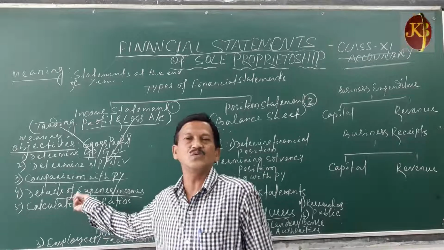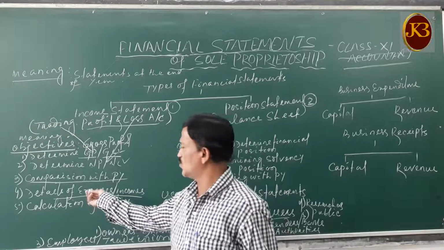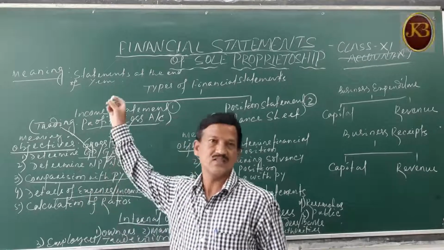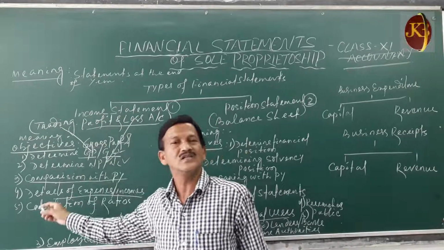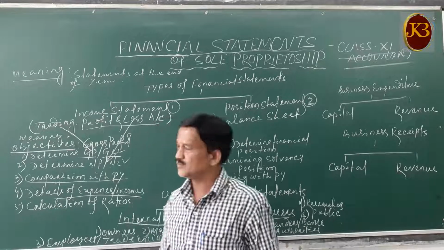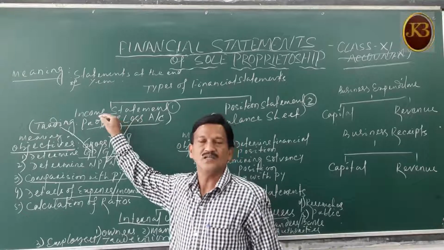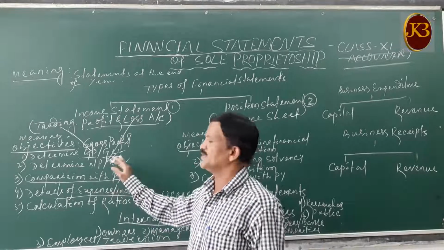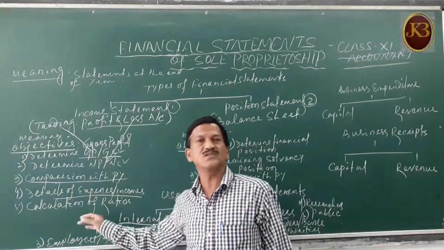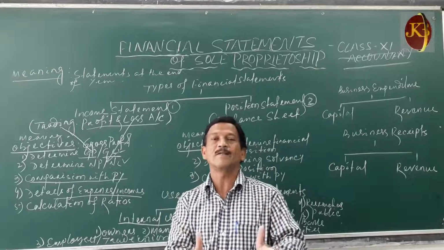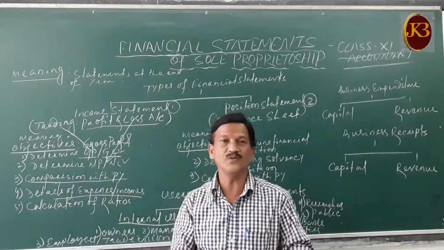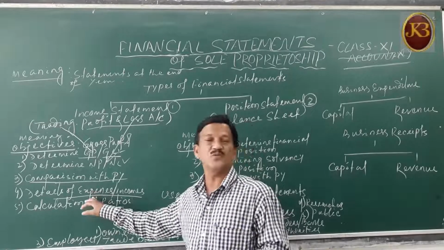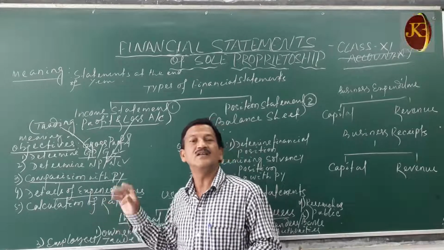You will have a close watch over those expenses through your trading profit and loss account. This account not only helps to find out the results of the business, net profit or net loss, but also gives you a close overview of your total expenses and incomes.